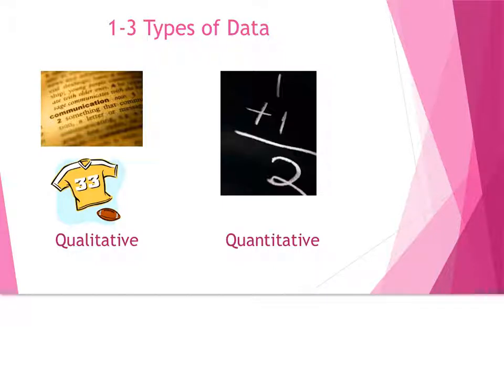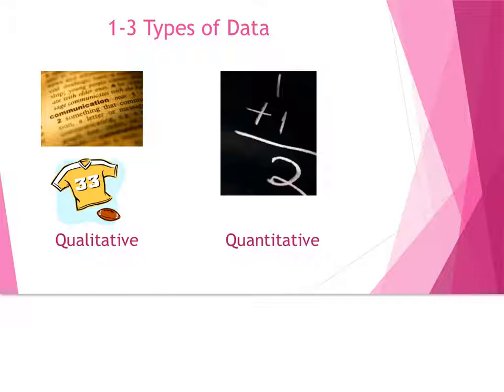When I collect data, it's one of two kinds, qualitative or quantitative. When I say I'm collecting data, I'm talking about getting the answer to a question. If the answer to a question is a word answer, that's automatically qualitative.